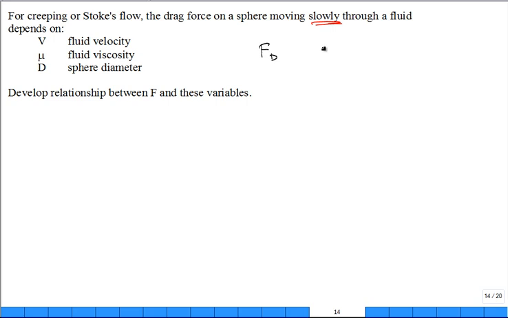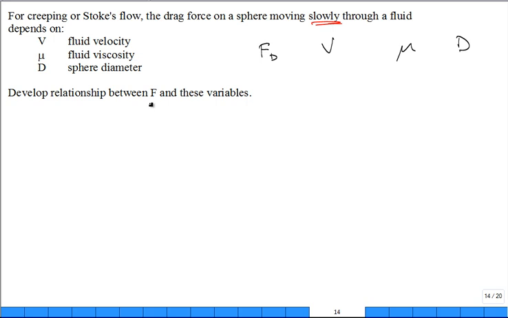It depends only on V, mu, D. What was left out? We did a sphere before, but it was a sphere that wasn't creeping flow. There's no rho. There's no density. Let's see how that affects it. But this is now only for a sphere in a slow-moving fluid, or a quiescent fluid with a sphere moving very slowly through it, either one.